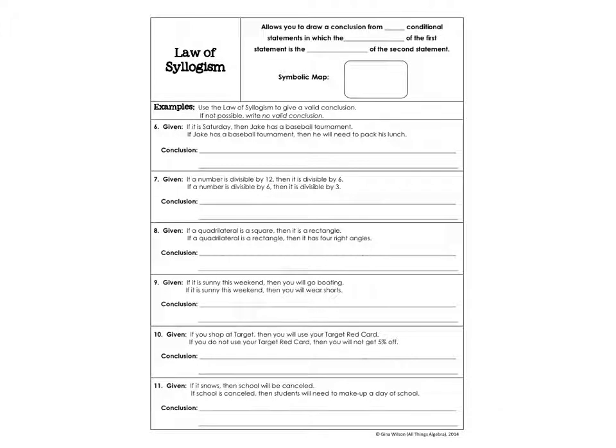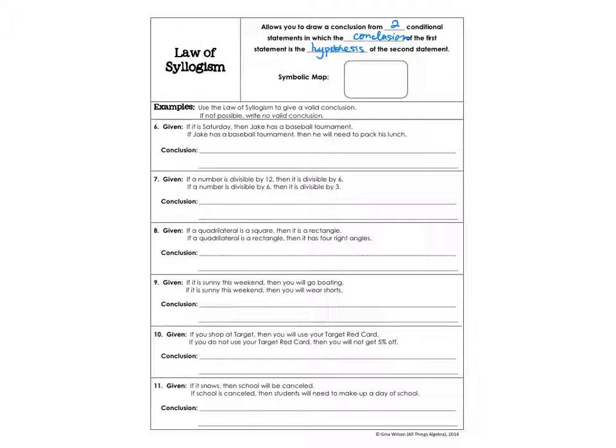Here's another law, the law of syllogism. I like this one a lot. It's a powerful one. The law of syllogism allows you to draw a conclusion from two conditional statements in which the conclusion of the first statement is the hypothesis of the second statement.